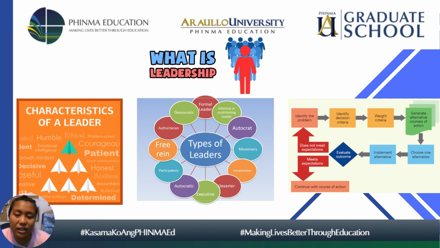Pwede rin itong gamitin ni leader in the decision making that they have to undergo sa kanilang group. Okay? Ayan. First off, identify the decision. Ano yung kailangan nilang i-resolve? Ano yung problem na kailangan nilang i-resolve? They have to identify, state, or define, or even clarify the problem that they have to solve.